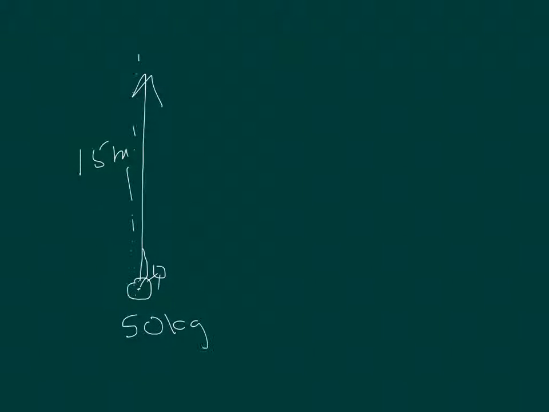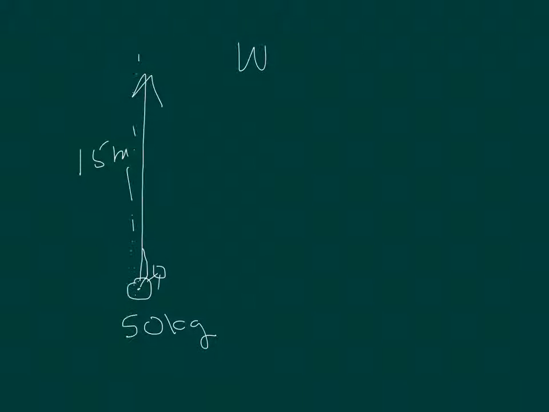One final example. We want to move vertically. Let's say we're lifting a set of barbell weights of some kind, and we're going to pull them up a distance of 15 meters. The barbell itself would have a mass, let's say, of 50 kilograms.